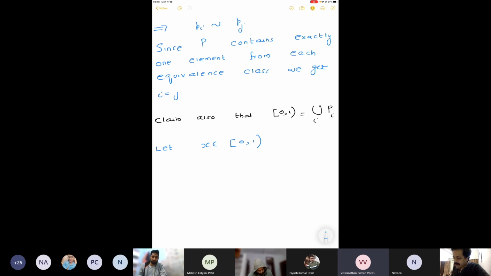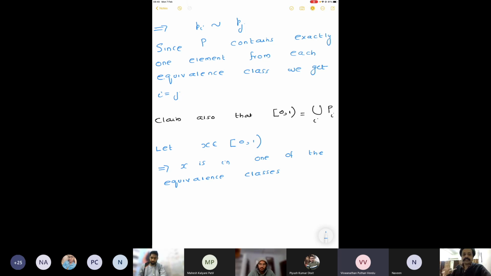Now x is in 0, 1, and you know that 0, 1 is being partitioned into equivalence classes. Therefore, x will be in one of the equivalence classes. And how did you make P? By choosing one element from each class.